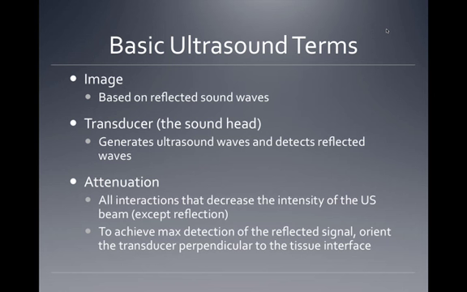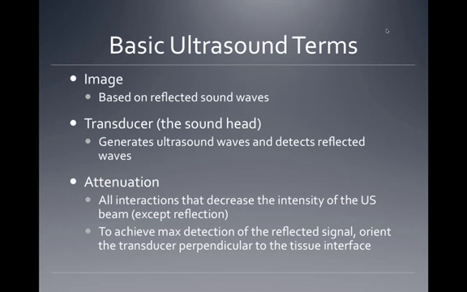Okay, and attenuation means that sound energy is decreased from the time it leaves the sound head as it goes through the body. All interactions, everything it's hitting, any skin, muscle, tendon, are going to decrease the intensity of the ultrasound beam.